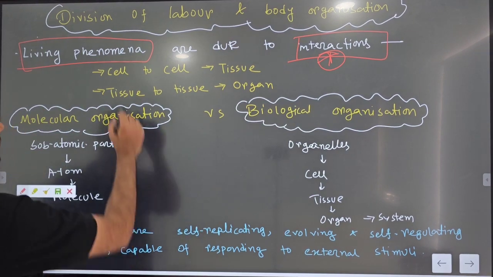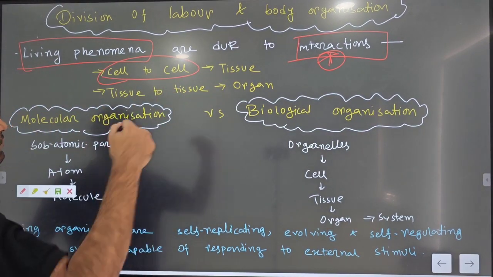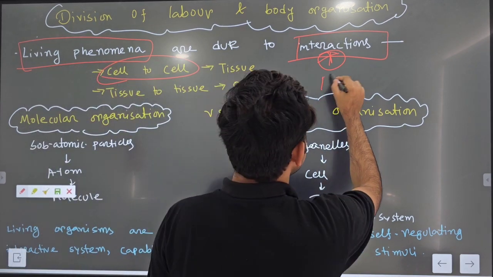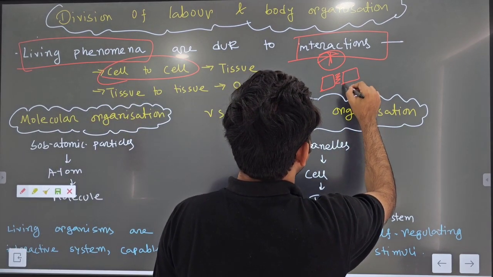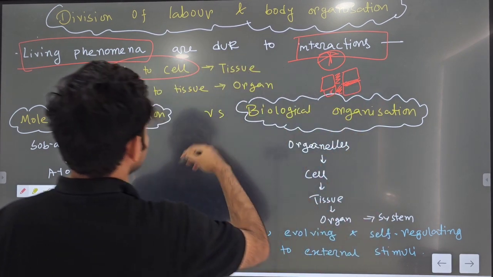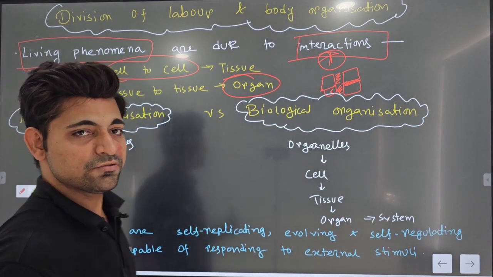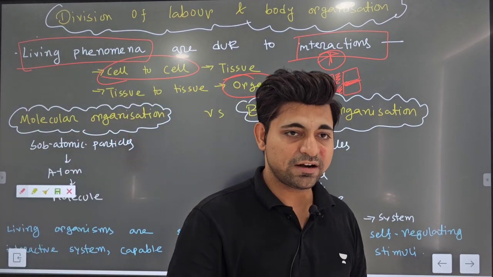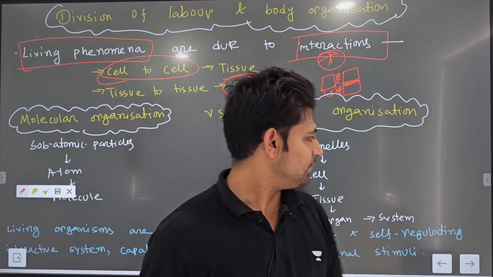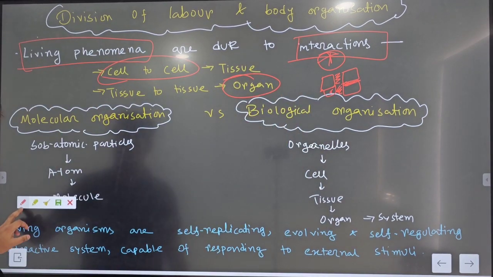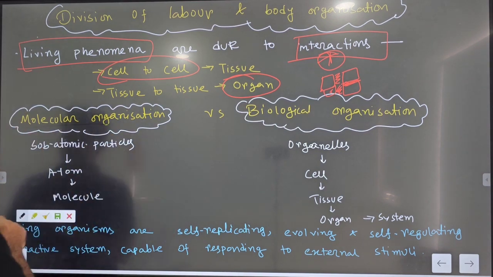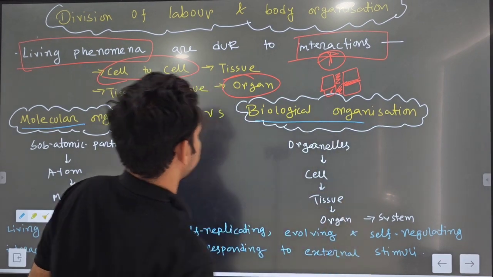We know that a cell with another similar kind of cell, connected with intercellular matrix, will form tissue. Similar kinds of tissue will form organs, similar organs will form organ systems, and different organ systems together will perform as a body. So this organization, division of labor, is everywhere, from molecular organization to biological organization.